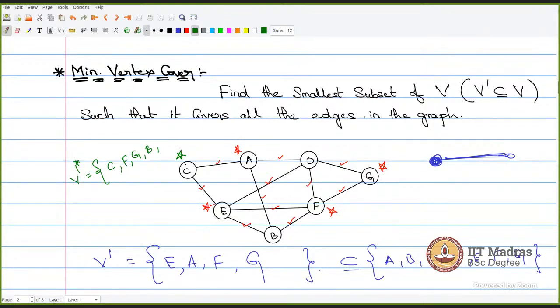Now you see, if I choose C, this edge is covered. If I choose F, this edge, this edge, this edge, this edge are covered. And for this edge, I am choosing G.